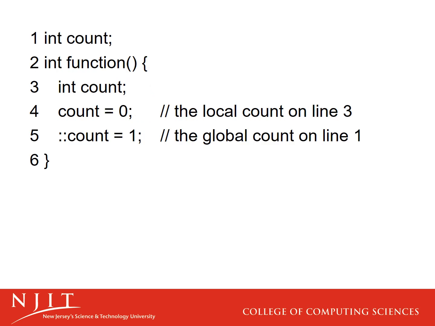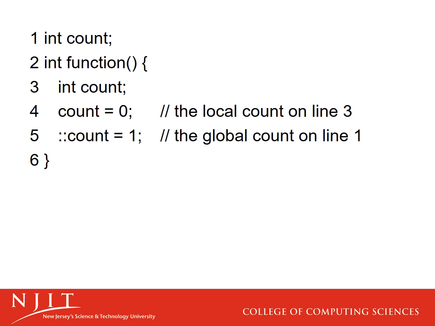An analog to this is this piece of C++ code. I declare a variable called count at line 1, and then inside of a function at line 3, I declare another variable called count. The scope for the function declared between lines 2 and 6 is completely enclosed inside of this file scope.